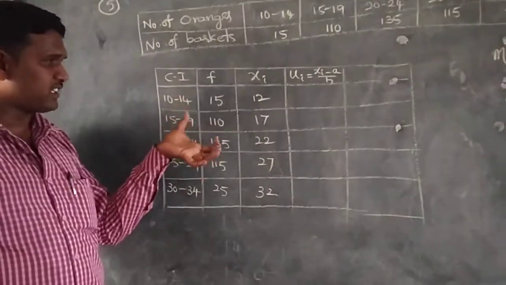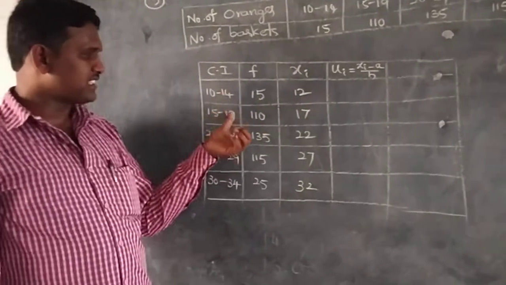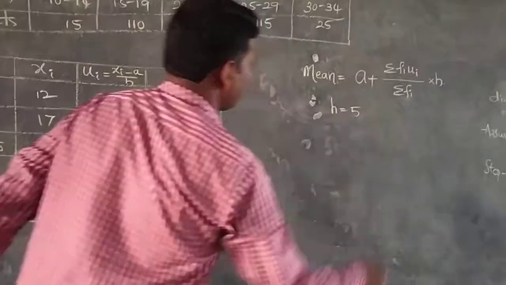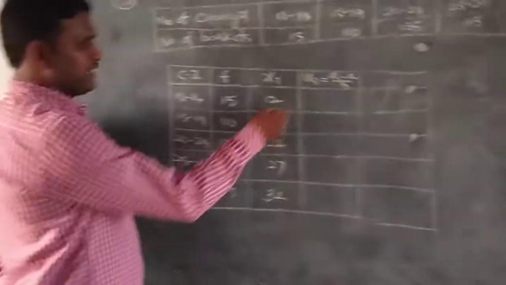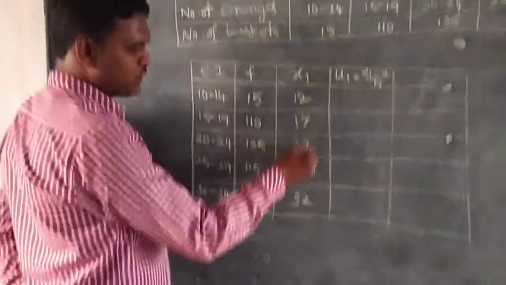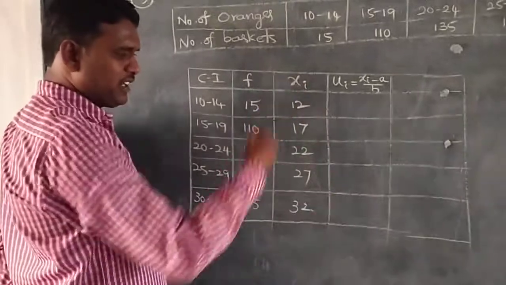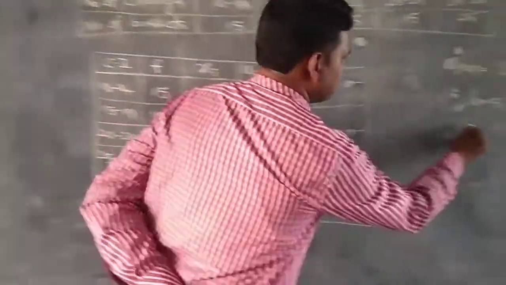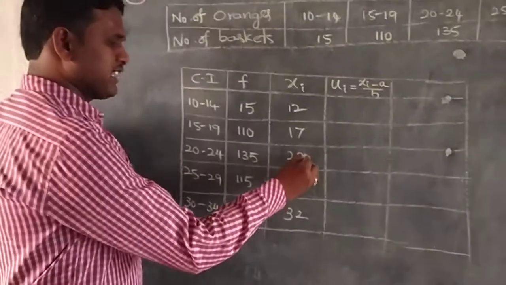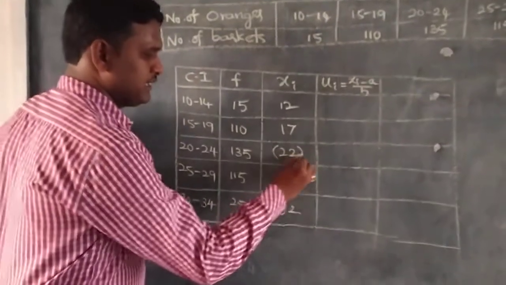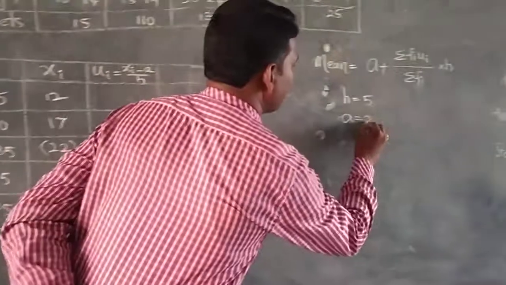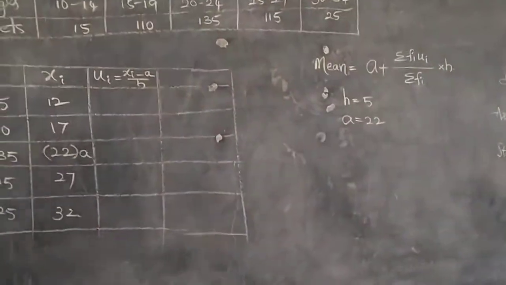Just now I told that the difference is 5, so h is equal to 5. And for the assumed mean, from the xi values, any one of these five values can be taken as a. Let us take 22. This is a. I am taking 22 as the assumed mean.